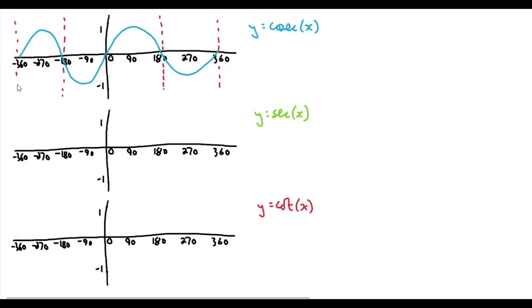Cool. And then the other thing we can say immediately is that at 90, if that equals 1, 1 over 1 is still going to be 1. So we're going to have a point here and a point here. And similarly, 1 over -1 is still -1, so -1 here. Now, the other thing that would happen is, in this interval here, as the sine value gets smaller, dividing by a smaller number gives you a bigger value.